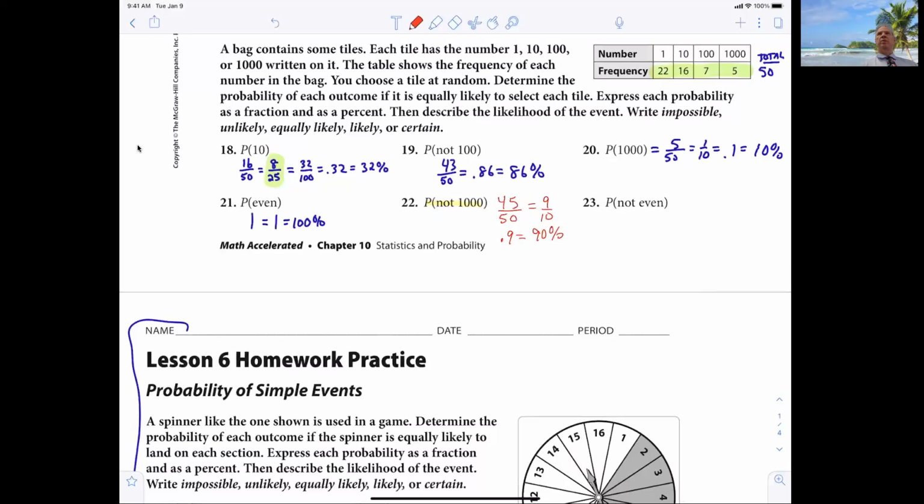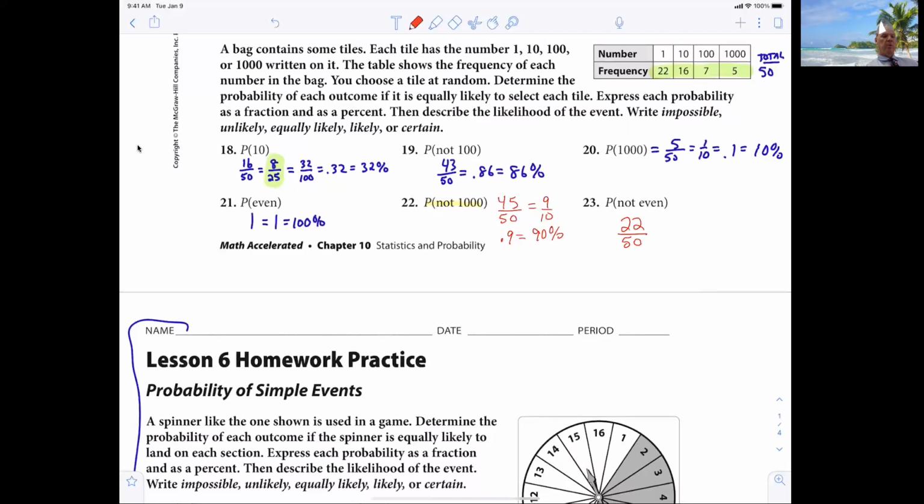Somebody said 2. Somebody said 0. Molly, what are you thinking? 1. Which one is not even, Molly? The 1, right. The problem is, how many 1s are there, Molly? Yes. That's what I want everybody to write down. I want everybody to write down 22 out of 50.